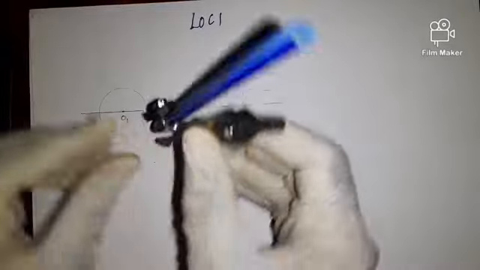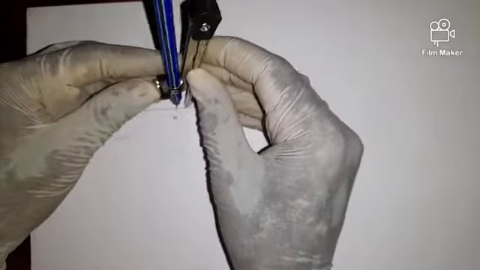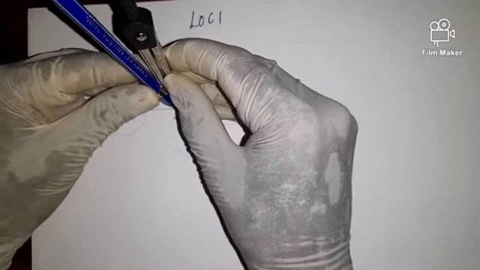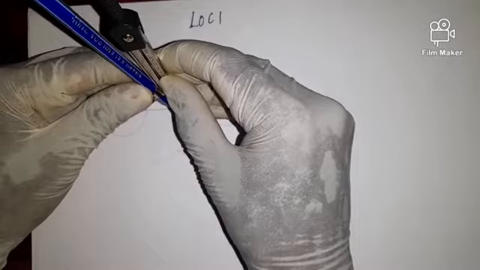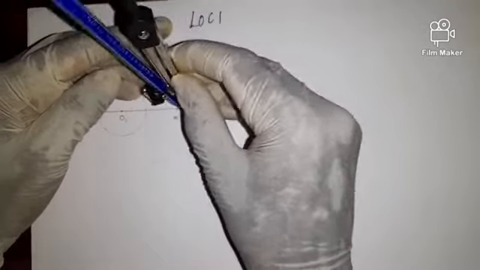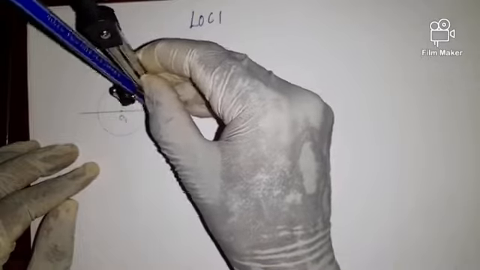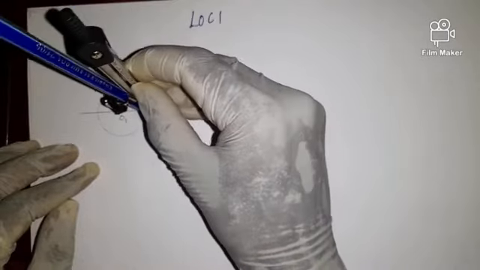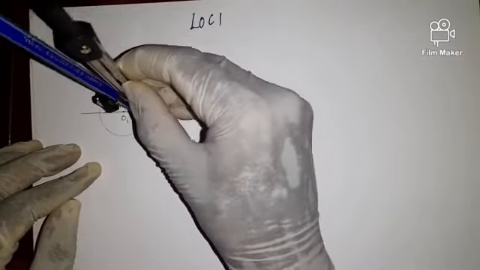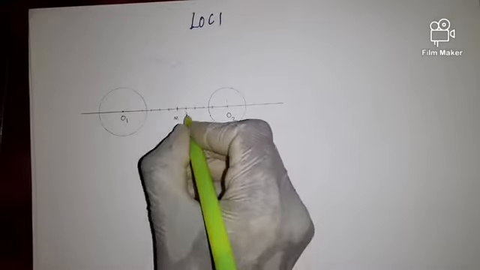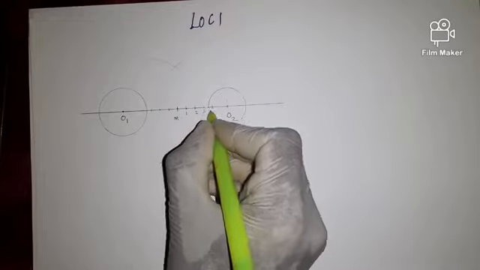Then you come to this other side, the same divisions. Ensure those divisions are equal. So the first one, 1, 2, 3, 4. You can number them as 1, 2, 3, 4.